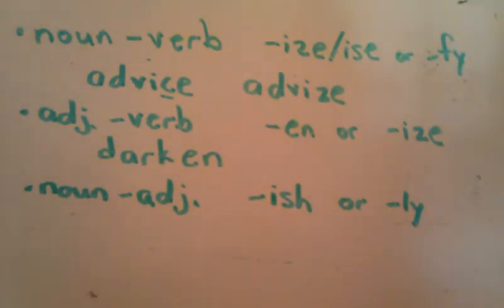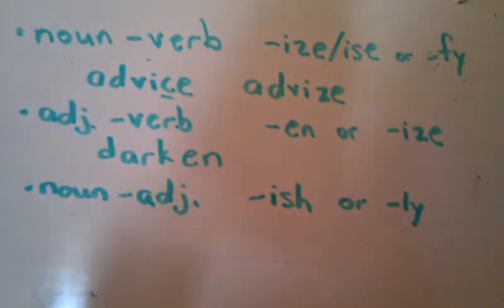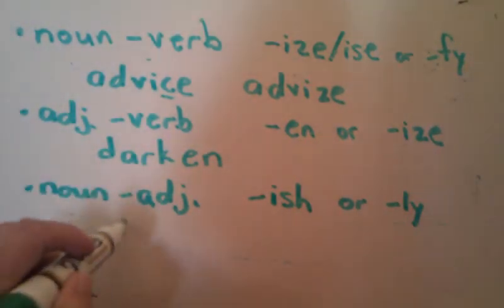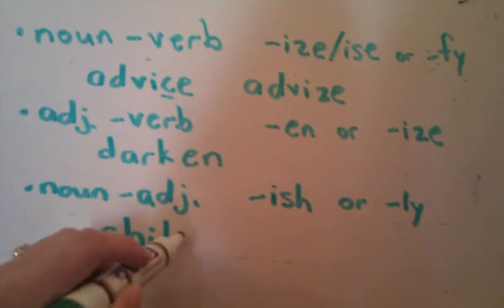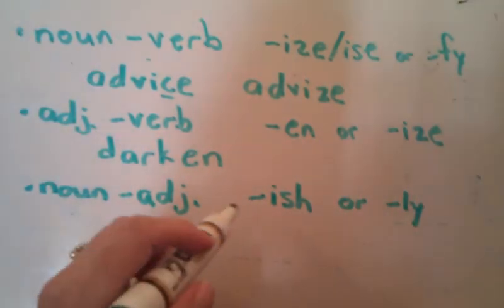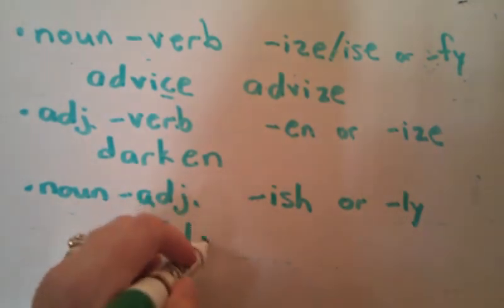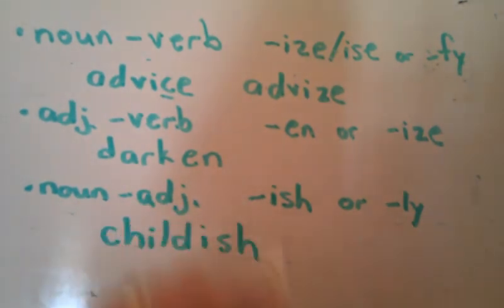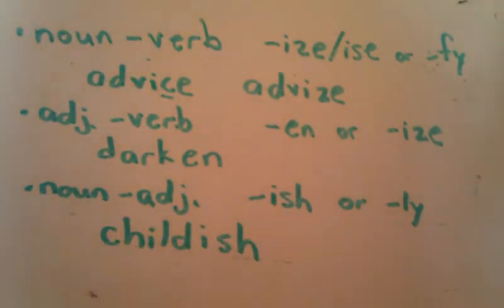For example, if I have the word child, child's a noun, she's a person, and I want to change this to an adjective, to a describing word, I can add ish, childish. Now it's an adjective.